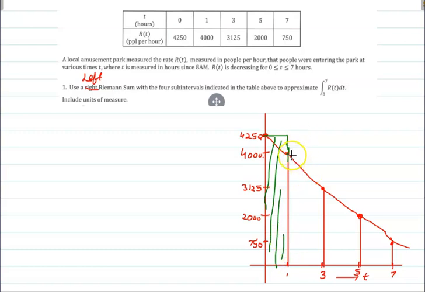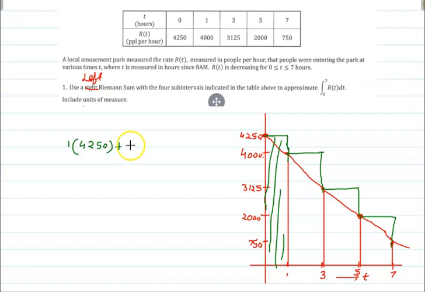For the second rectangle, we just draw the heights from the left end points for each interval. Then as we did earlier, we find the area of each rectangle using the same width times height formula. The width of the first rectangle is 1, height is 4250.